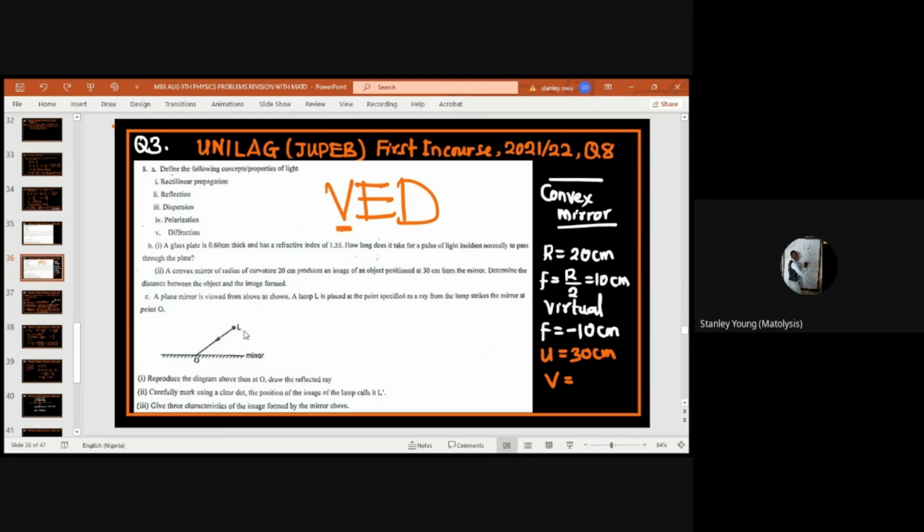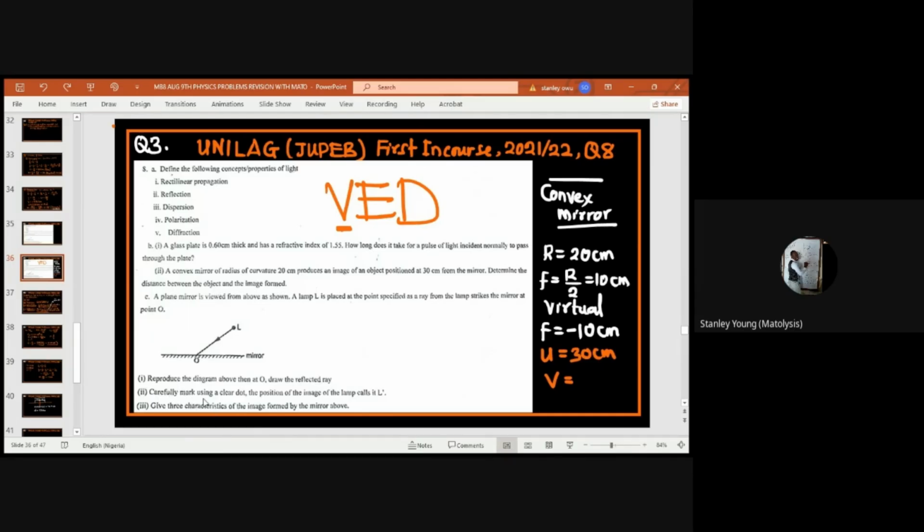The lamp produces a ray towards the mirror as indicated by this line. The question wants us to reproduce the diagram above, then at O, draw the reflected ray.